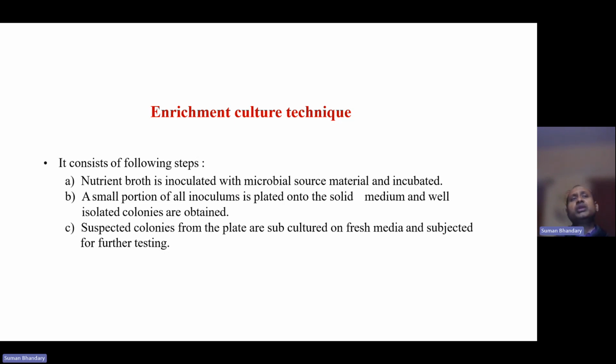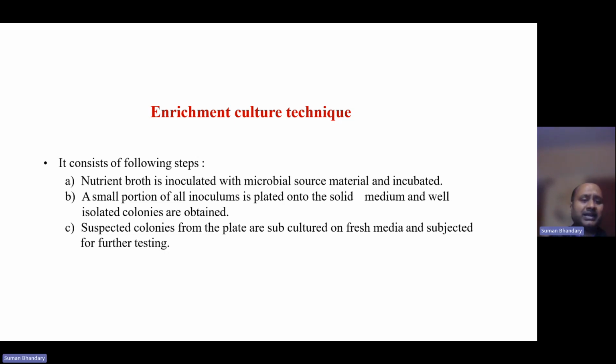They can be isolated if the nutrients required by them are incorporated into the medium or by adjusting the incubation conditions. Actually, this technique was designed by Beijerinck to isolate the desired microorganism from a heterogeneous population.